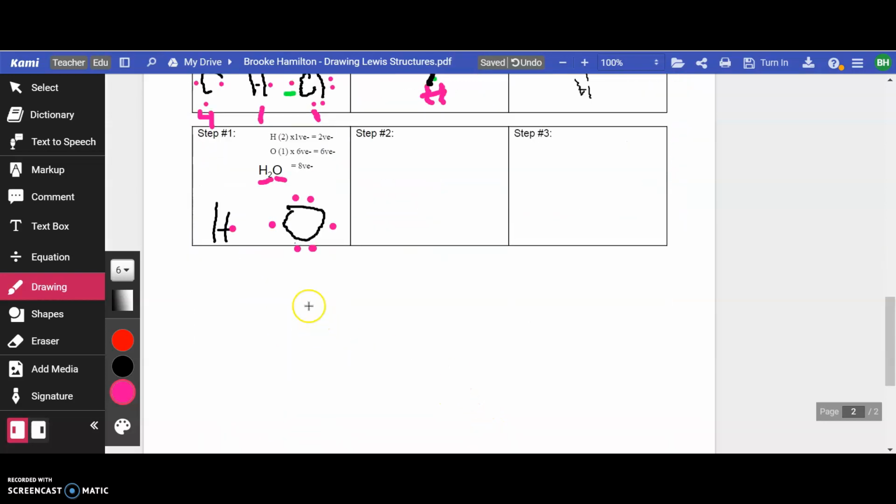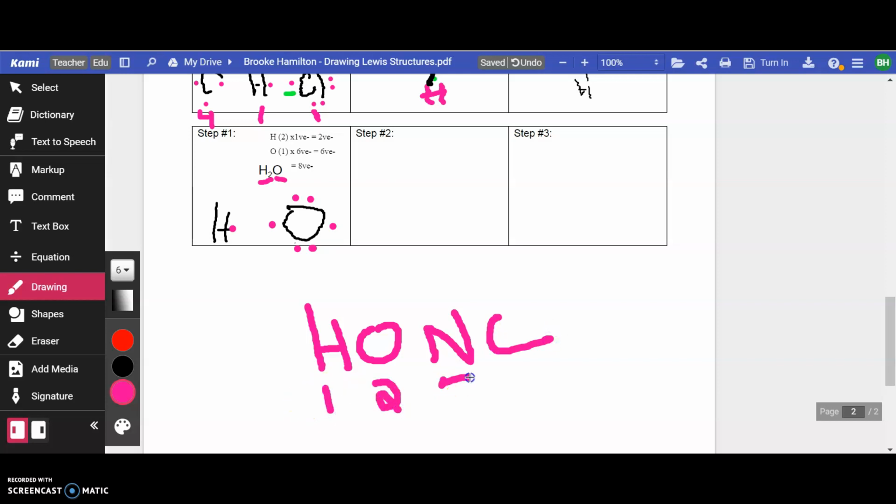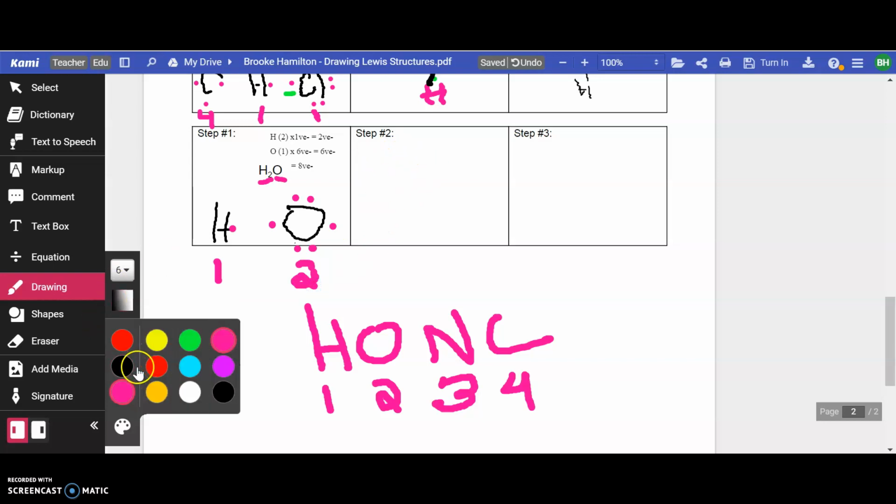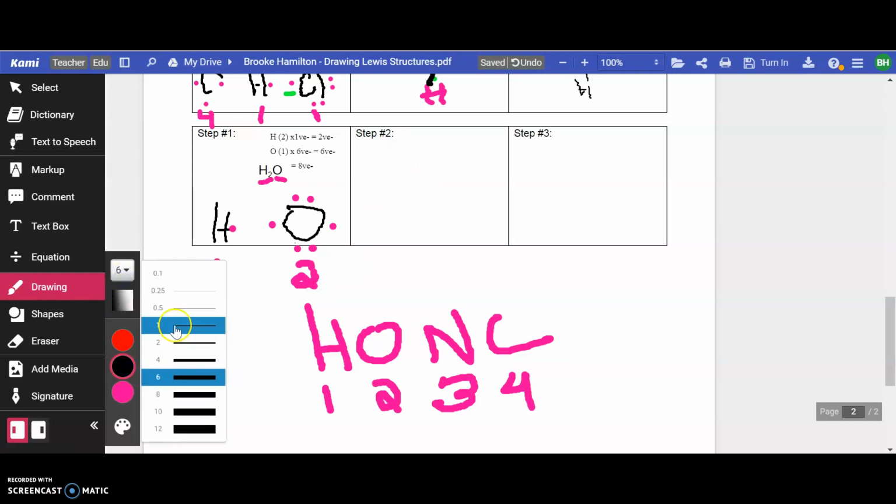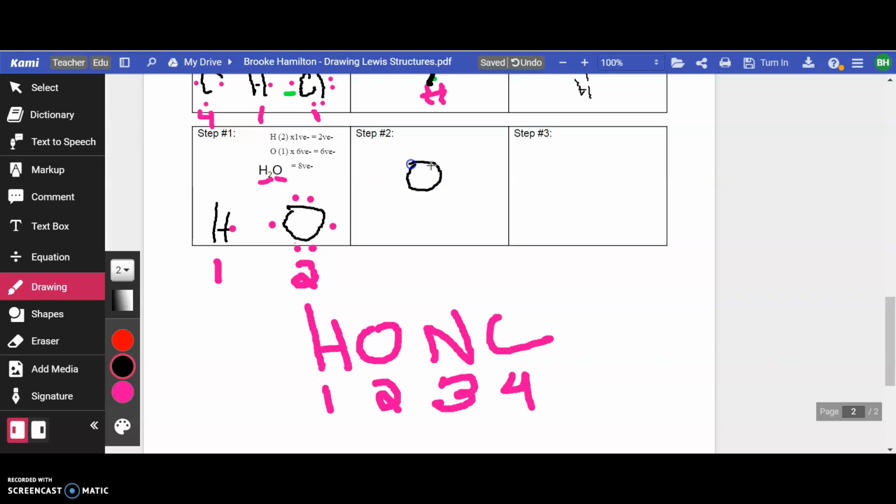Based on the HONC rule, hydrogen has 1, oxygen 2 bonds, 3 for nitrogen, and 4 for carbon. So hydrogen has 1, oxygen has 2. We're going to look for our central atom as the one that has the most amount of bonds. So oxygen is going to have 2 bonds, and we're going to put oxygen in the center.